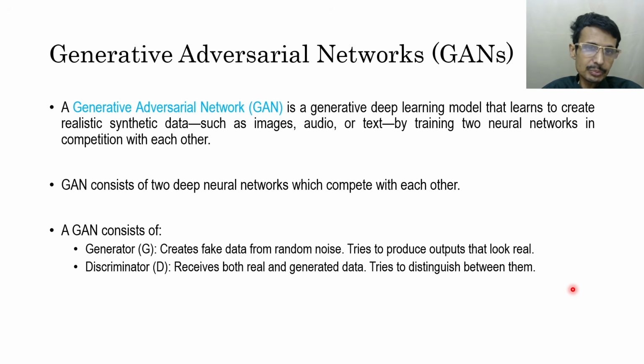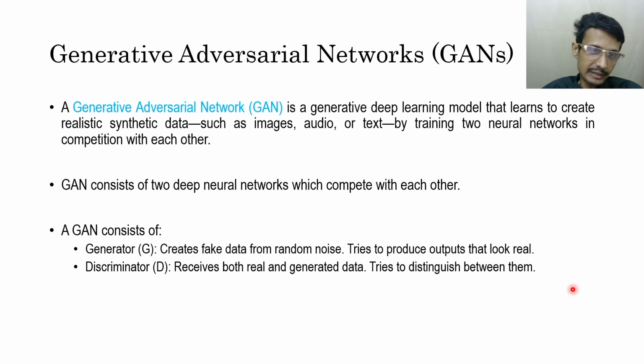So it consists of two basic parts, or two neural networks. One is called the generator, that creates fake data, or generates the data from random noise. It tries to produce output that looks like a real image.